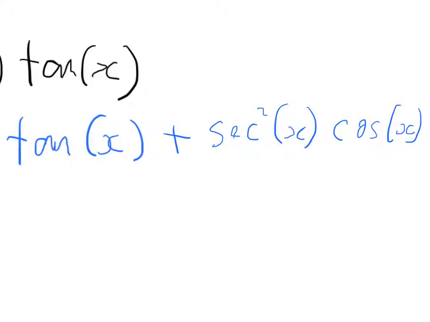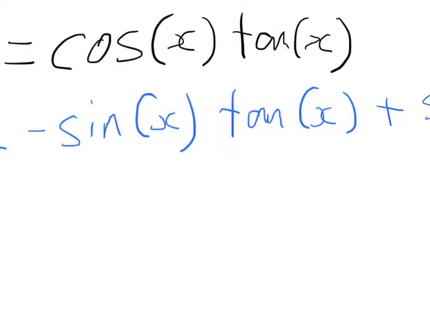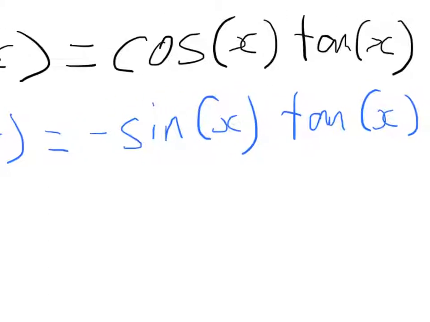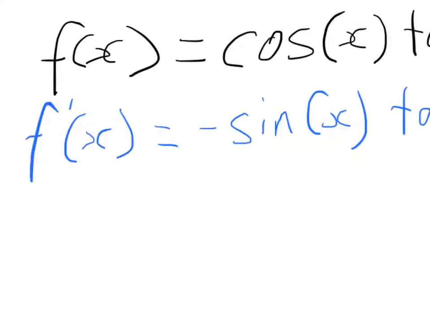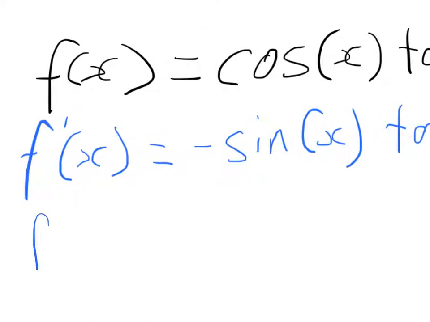Now we can simplify these a bit, because we can use the fact that tan is equal to sine over cos to get this. But remember, we don't necessarily need to simplify. It's only the application questions that we'll need to do it.